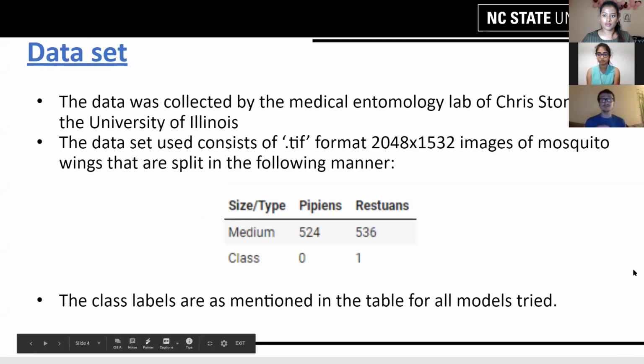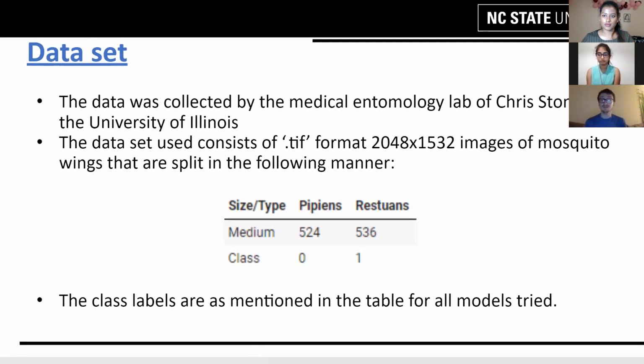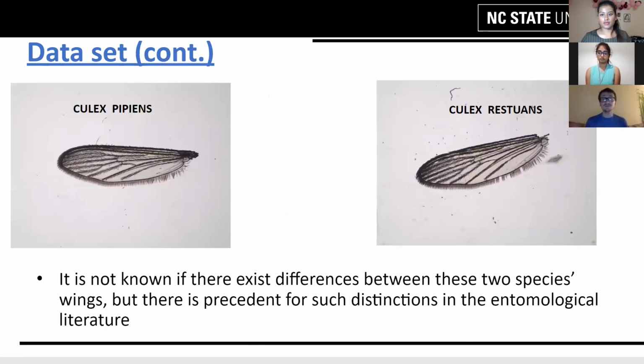The data set we're using was collected by the entomology lab of Chris Stone at the University of Illinois. It's of two species, high resolution images of their wings, accompanied by class labels. You can see an example of each species shown here. Their wings are very, very similar.